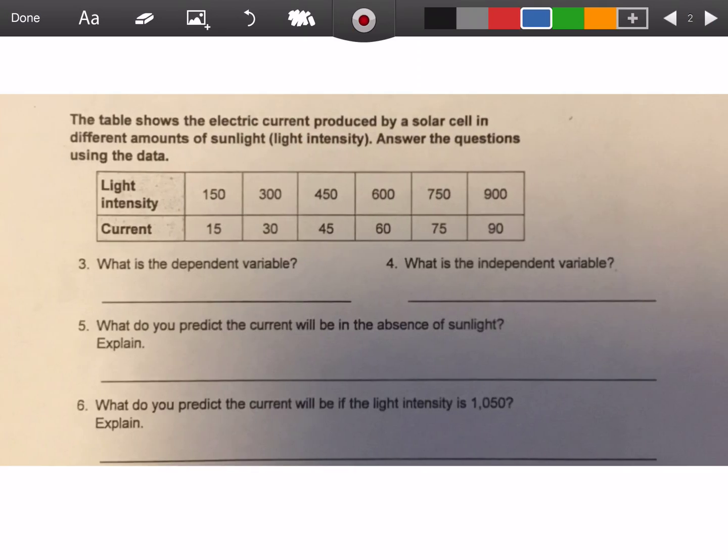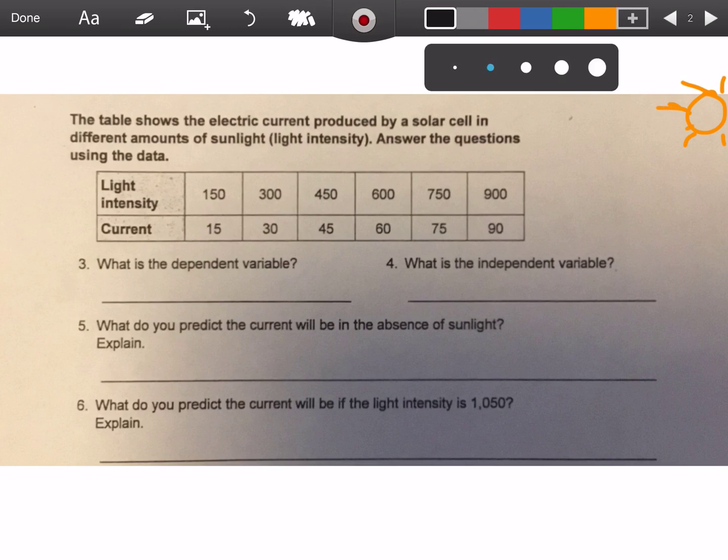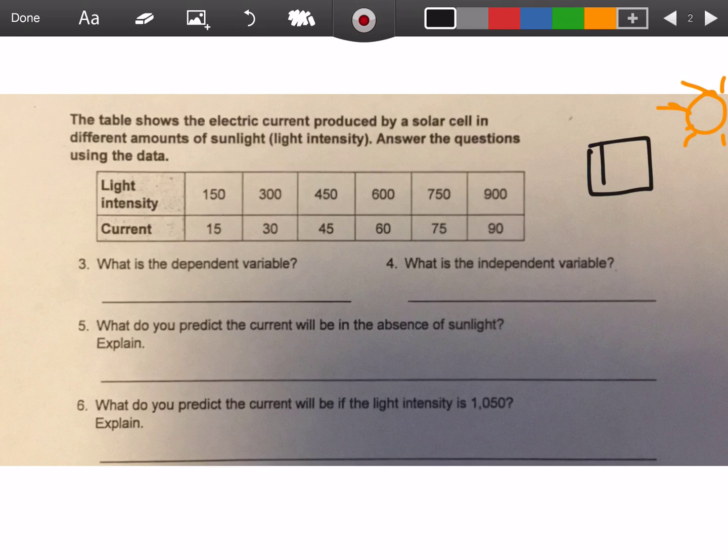For the second section, we have the table shows the electric current produced by a solar cell in different amounts of sunlight, and you're going to answer the questions using the data. So what this is talking about is there's sunlight, okay, and it is shining onto basically a solar panel.